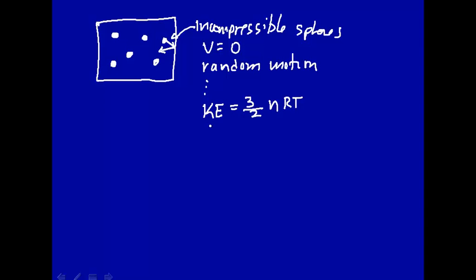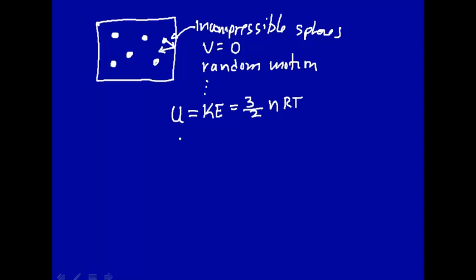nRT. Now what I want to argue is that this kinetic energy is in fact the internal energy in the kinetic molecular theory. In the kinetic molecular theory, the only energy that these gas molecules have is the kinetic energy. If that's the only energy, then the total internal energy of the gas molecules would just be equal to the kinetic energy.